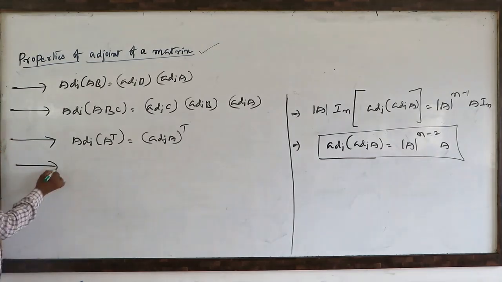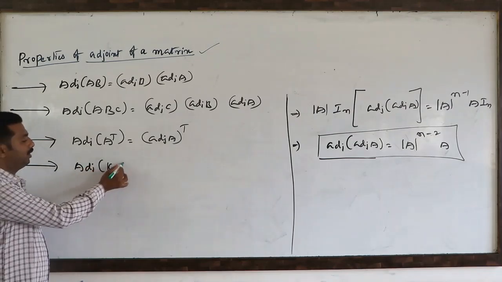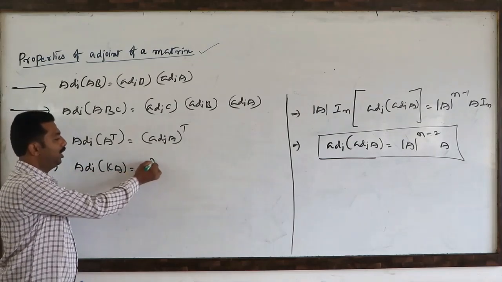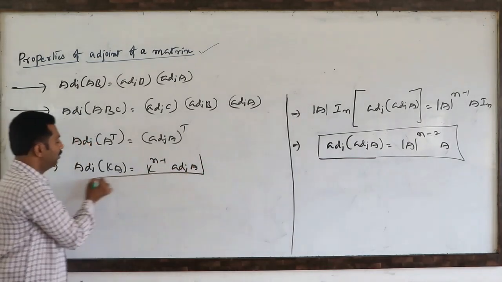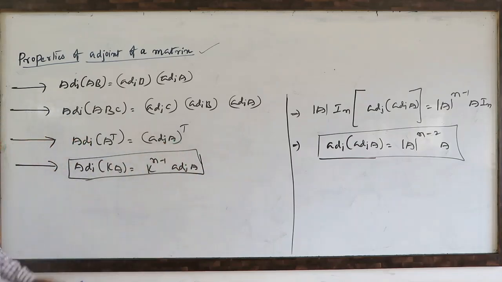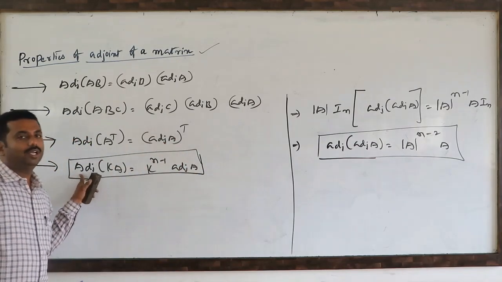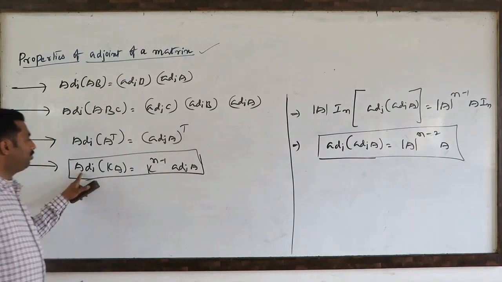Next, adjoint of kA equals k power n minus 1 into adjoint of A. This is the most important result you have to remember from the entrance point of view. Frequently they will use this type of formula.